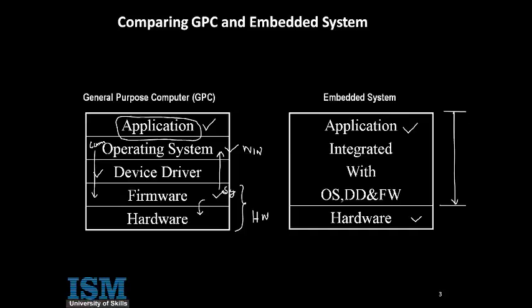We need to develop the application. We are the ones who need to customize the operating system. We have to develop device drivers. We also have to develop firmware. The blend of application, operating system, device driver, and firmware is loaded to the hardware. That becomes our responsibility.